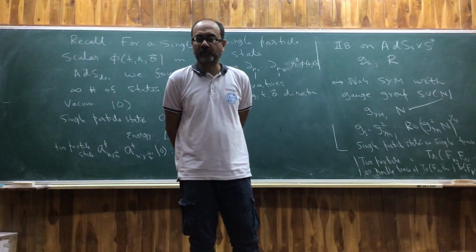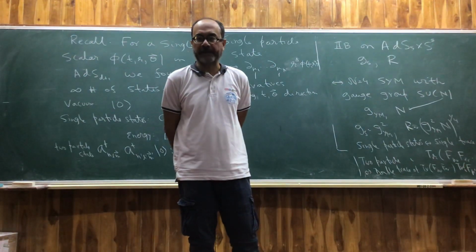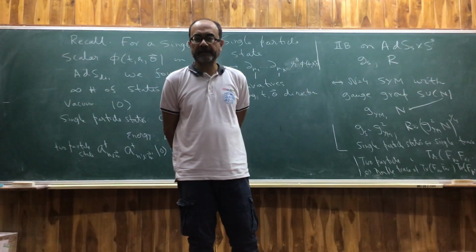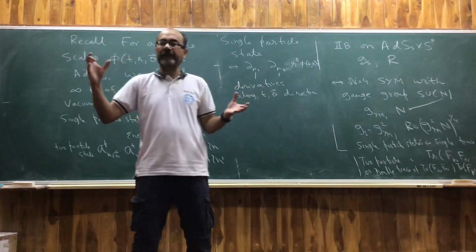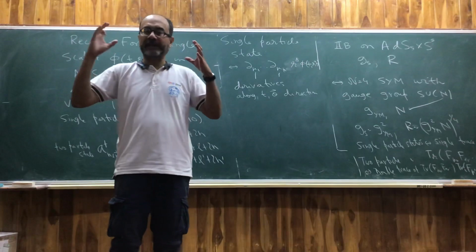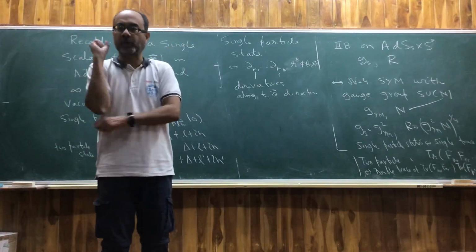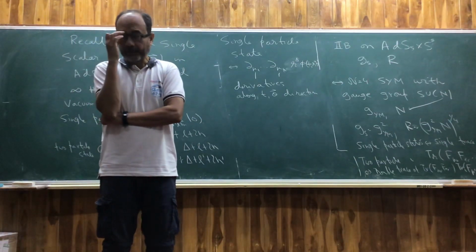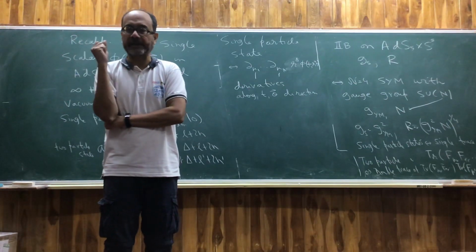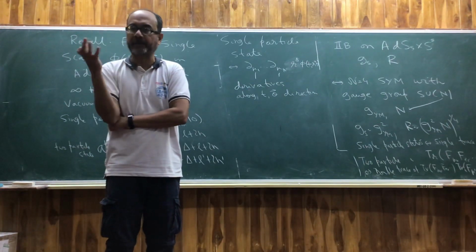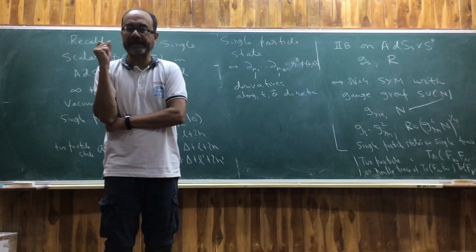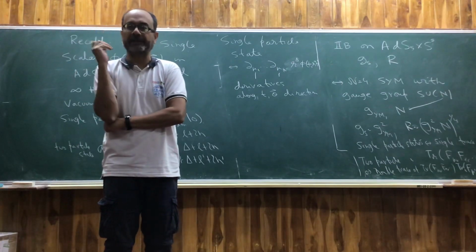We may be able to get large central charge without having large R. It is true that if you take the large R limit, then at the two derivative level it corresponds to large central charge. But you may be able to achieve large central charge without taking the large R limit, because then the higher derivative corrections become important in the central charge computation, and those could become large for some other reason.